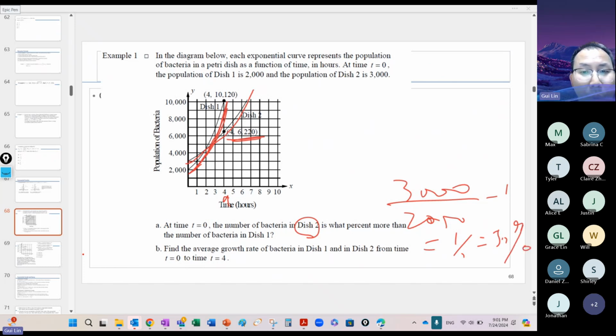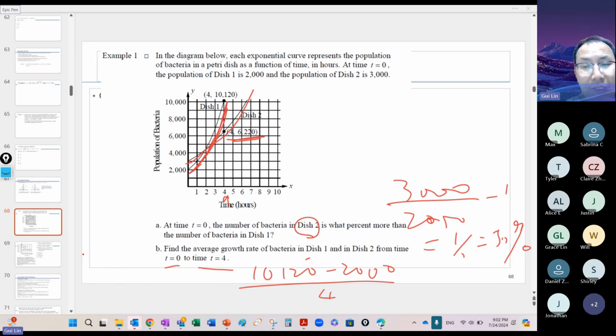Find the average growth rate of bacteria in dish 1 and dish 2 from time t0 to t4. Average growth rate means we try to make every step the same. So the average growth from t0 to t4 would be, for dish 1, 10,120 minus 2,000 over 4.